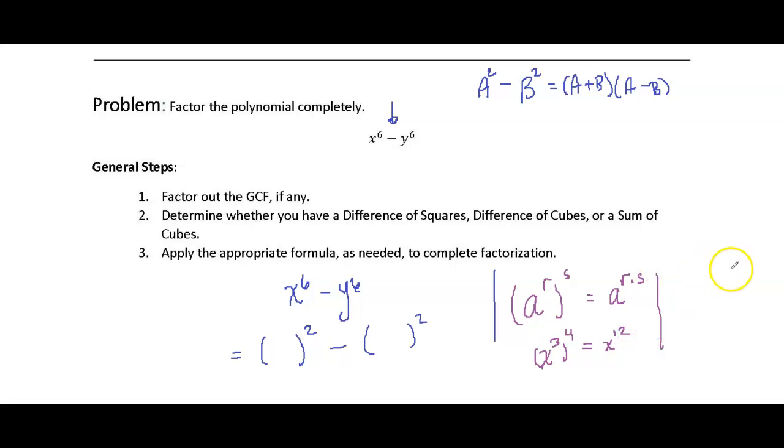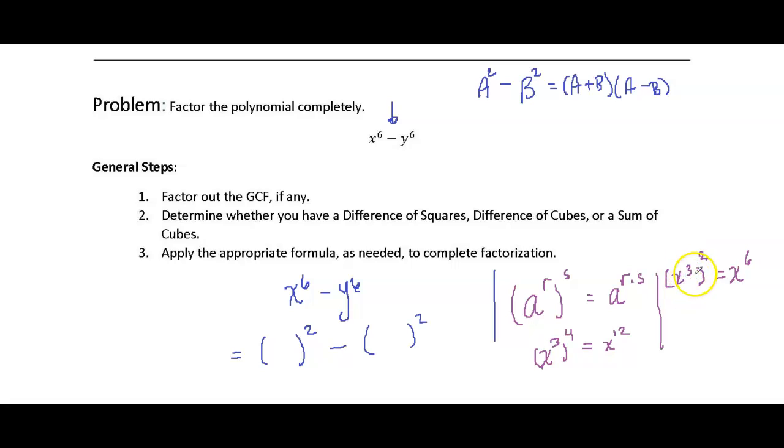Well, what we have is x to the sixth power. And what we want to consider is if this can be rewritten as something squared. Well, one way to think about that is to ask the question, can 6 be divided by 2? And it can. 6 divided by 2 is 3.